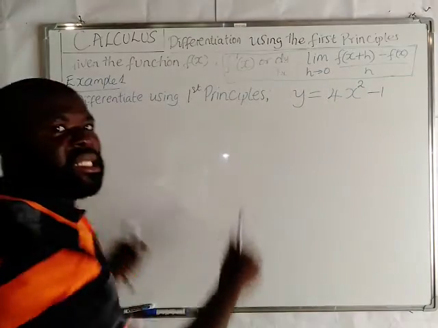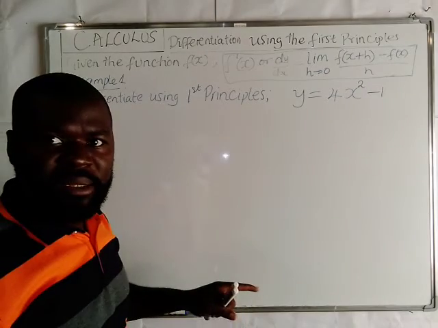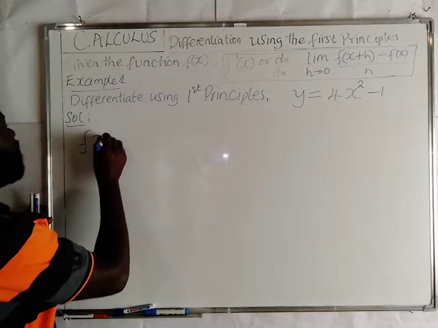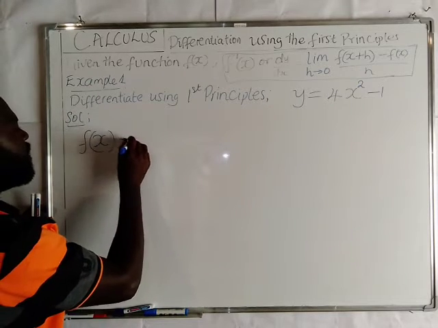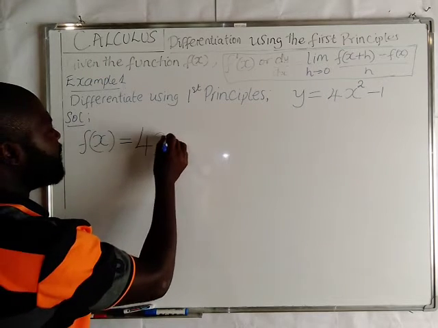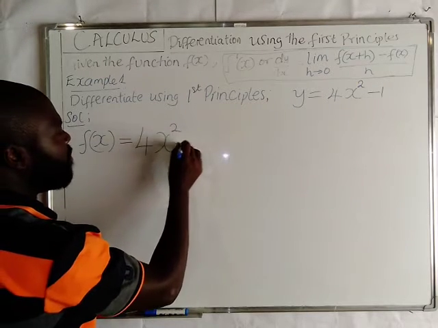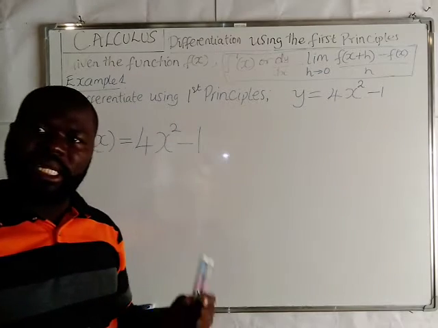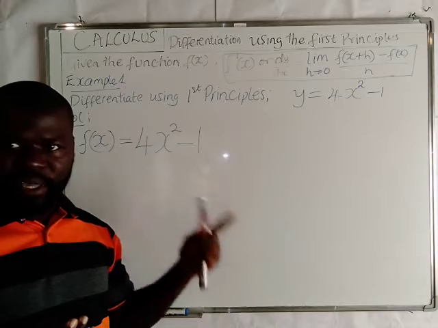So we could easily rewrite this function as f of x is equal to 4x squared minus 1. Okay, so basically, y is our f of x.